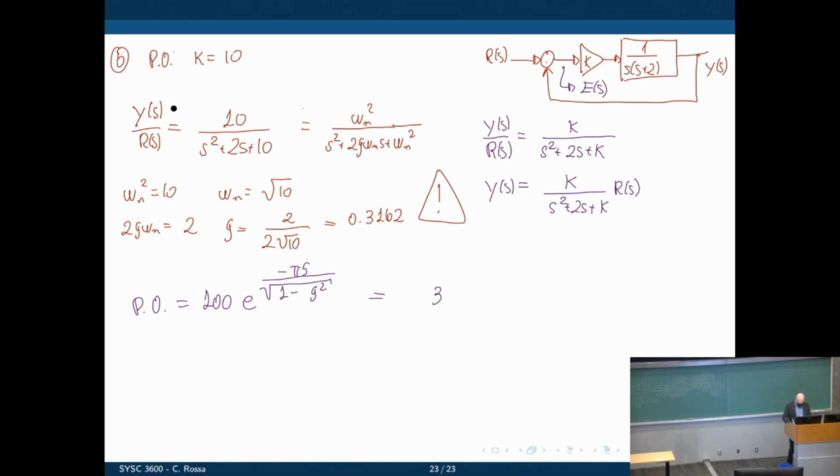This should give 35%. I'm not going to go over that because it's just plugging the numbers in and calculating. So 35%. Clearly, that's not a good control gain.